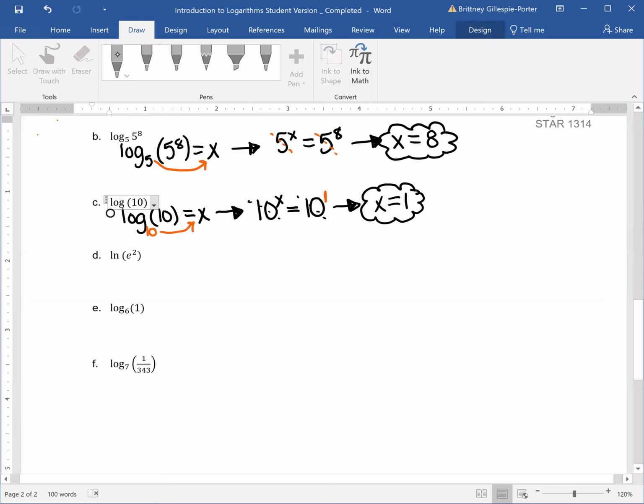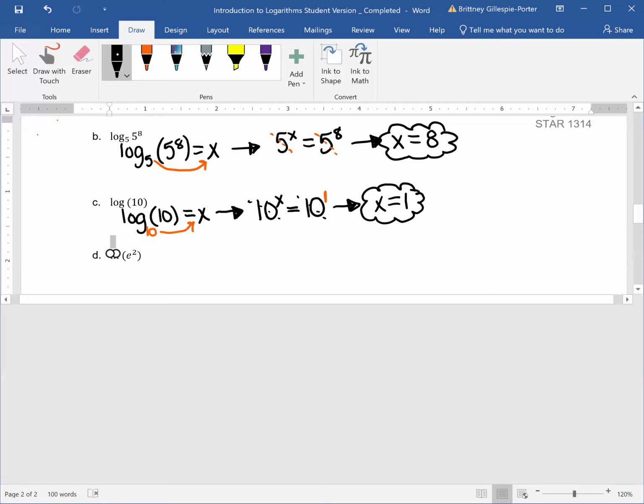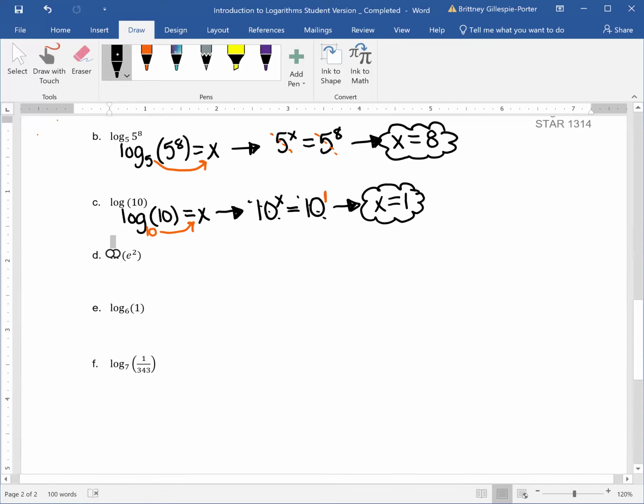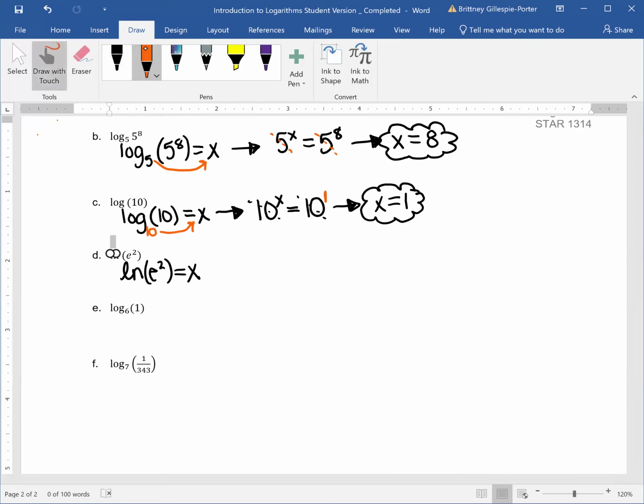Okay. Let's look at our next one. We have the natural log of e squared, just like in the previous. I'm going to give myself an equation. So natural log of e squared equal to x. Remember, natural log comes from log base e. So we're going to do e to the x. When we use Spider-Man method to rewrite this, that gets us e squared.